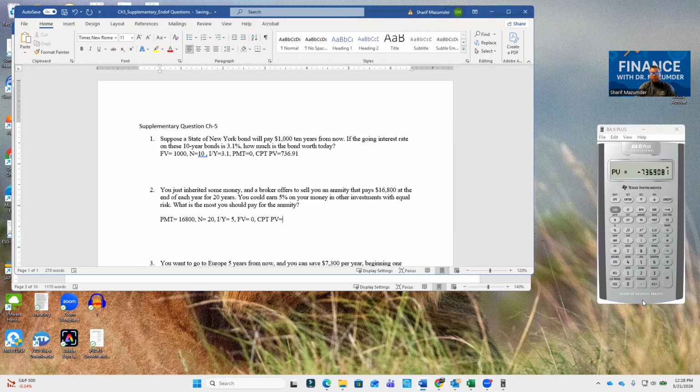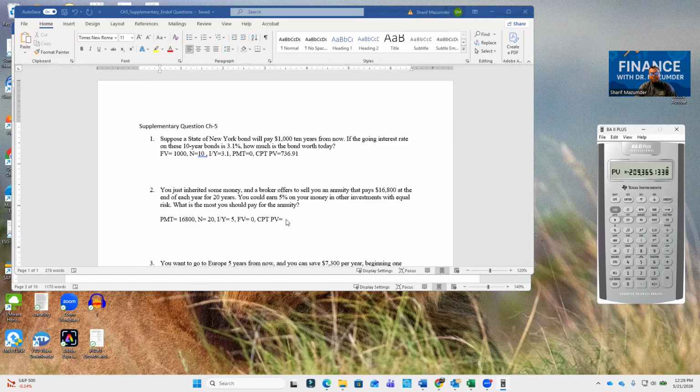Okay, now plug the values in here. So 16,800, your payment, 20 is N, 5 is I over Y, 0 is future value, compute present value.